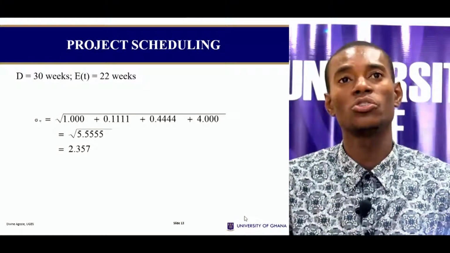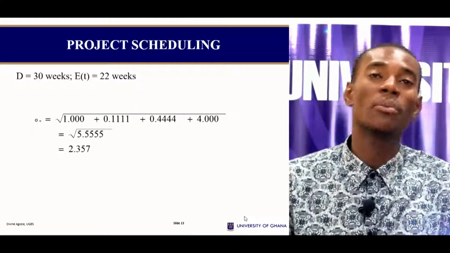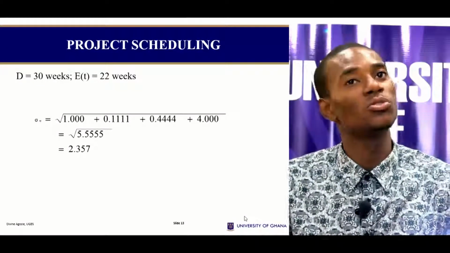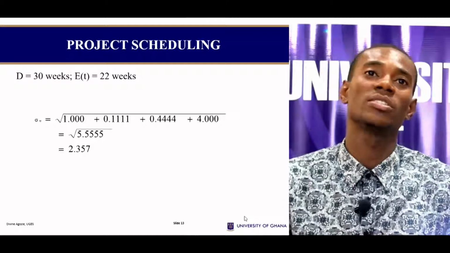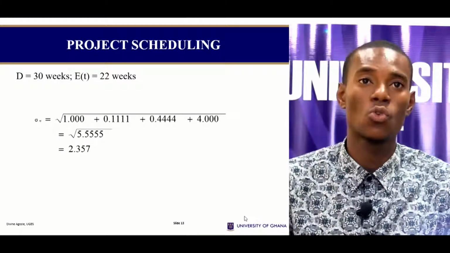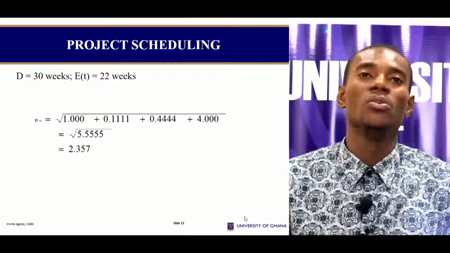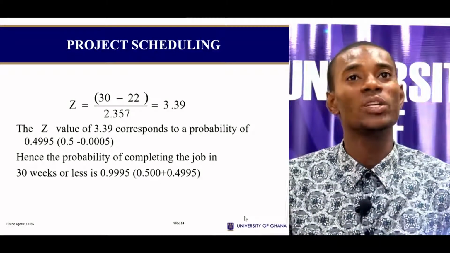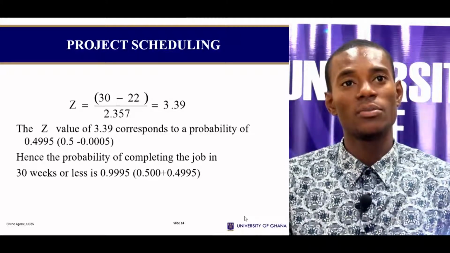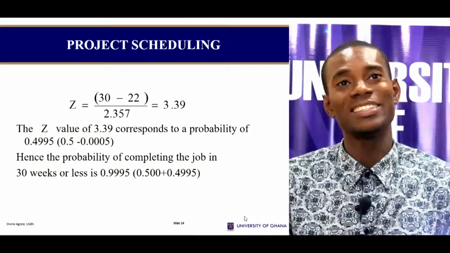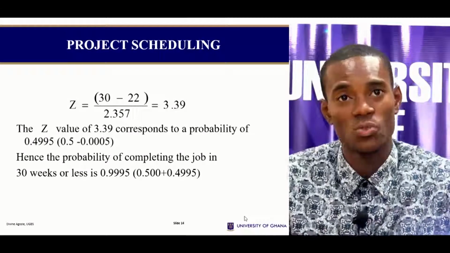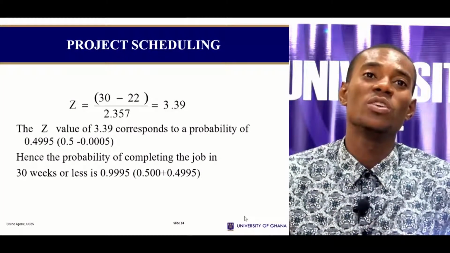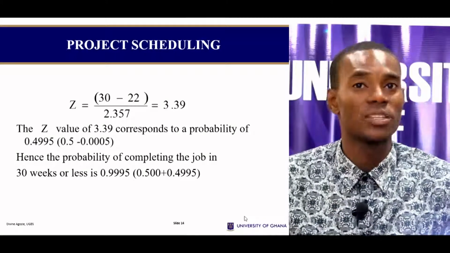So all I'm going to do is convert this to standard form, because if I want to find the probability from the standard normal distribution table, I need to convert it to standard form. That is done by finding the z-score, or what we call the z-value. To find my z-score, I have my 30, which is, let's say, the sample mean. That is the week of interest to me in this question. The question asks what is the probability that we will finish in 30 weeks.